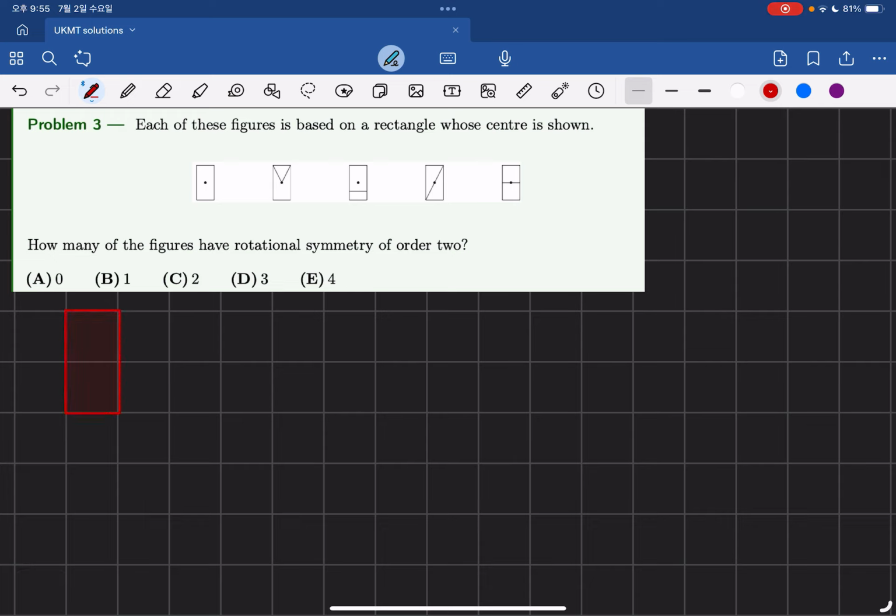So it's just a plain rectangle without any lines. And I'm going to number the corners as 1, 2, 3, and 4. And if we rotate 180 degrees, the rectangle would look the same, but the corners will be in different locations.